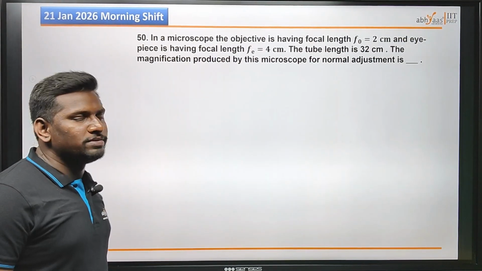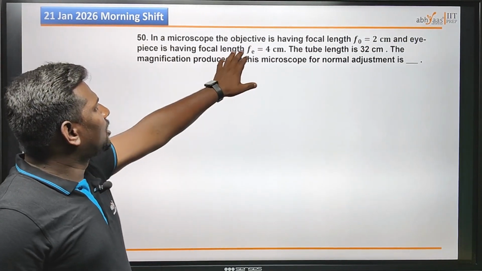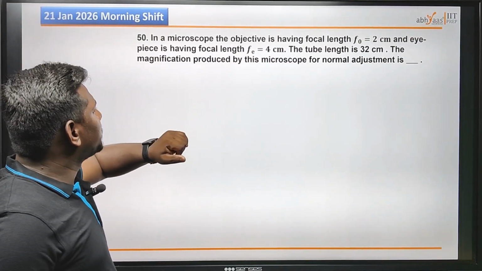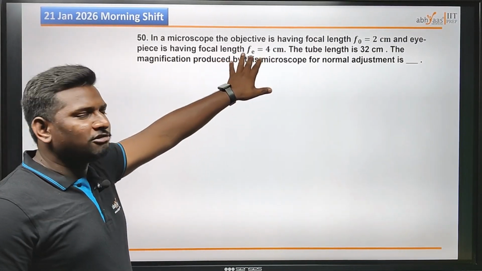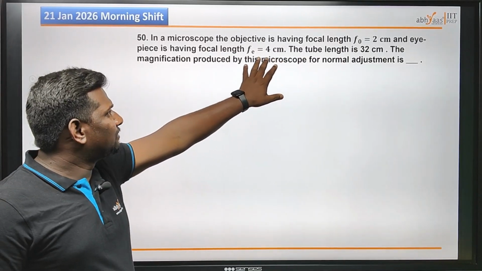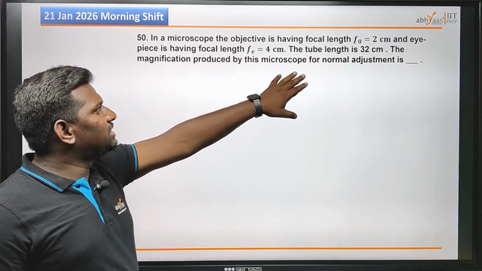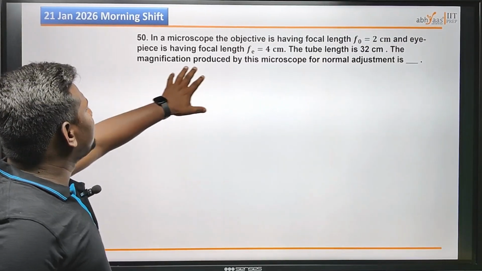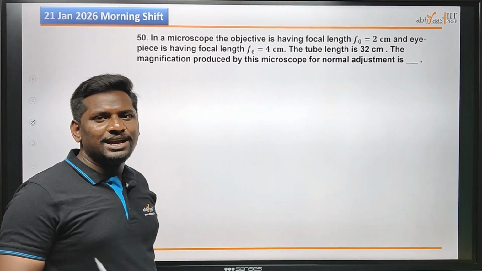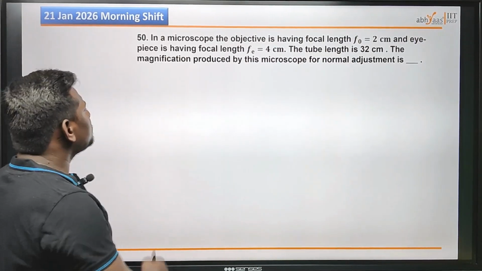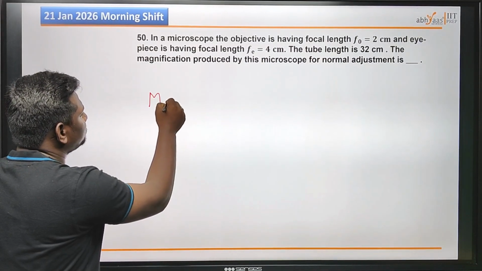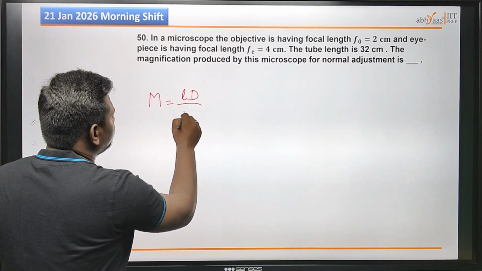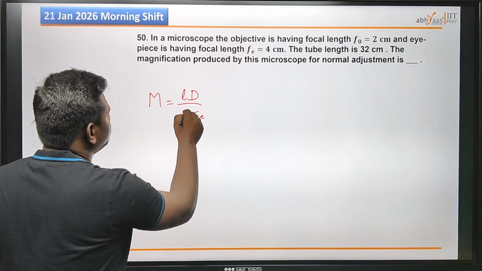So microscope, they have given a microscope. The objective lens has focal length f0 equal to 2 centimeters, and the eyepiece has focal length fe of 4 centimeters. The tube length is 32 centimeters. The magnification produced by the microscope. What is the magnification formula? L D by f0 fe.